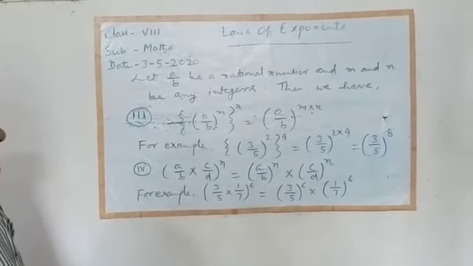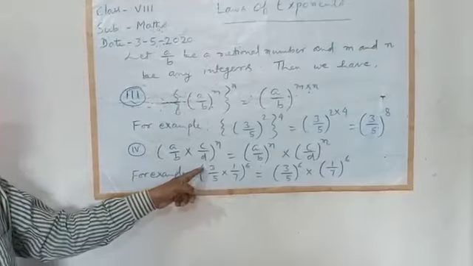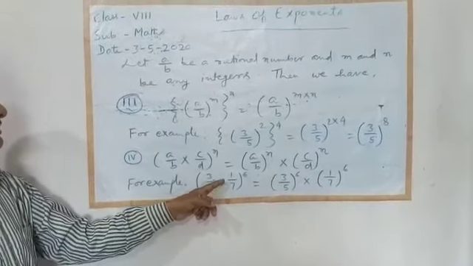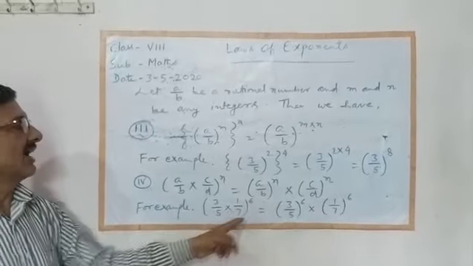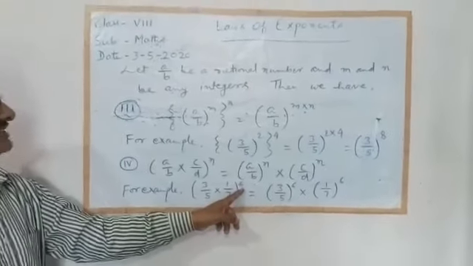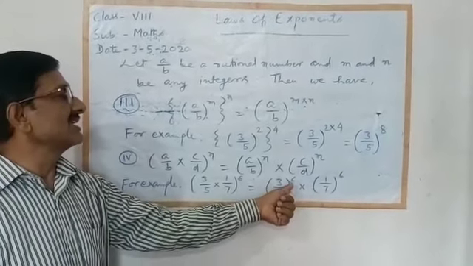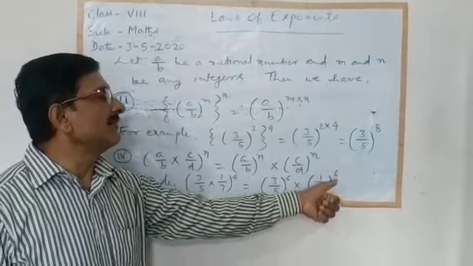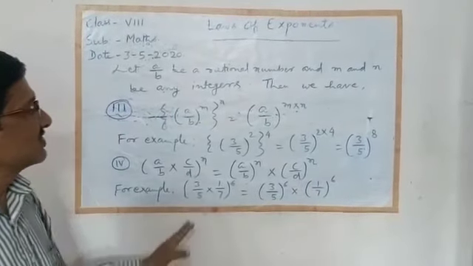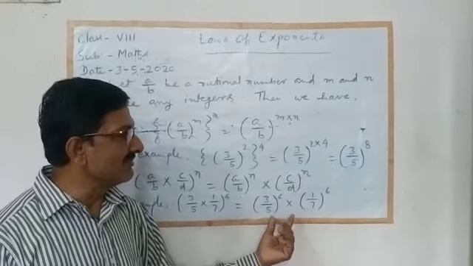In this way we can solve the other problems. For example, 3/5 multiplied by 1/7 and having the same power 6. So (3/5)^6 is multiplied by (1/7)^6. In this way we can solve this problem.